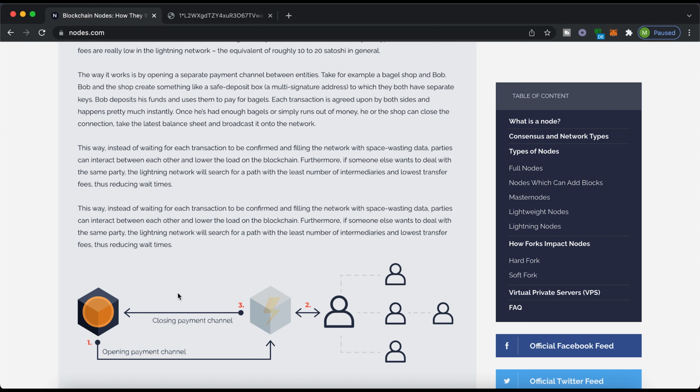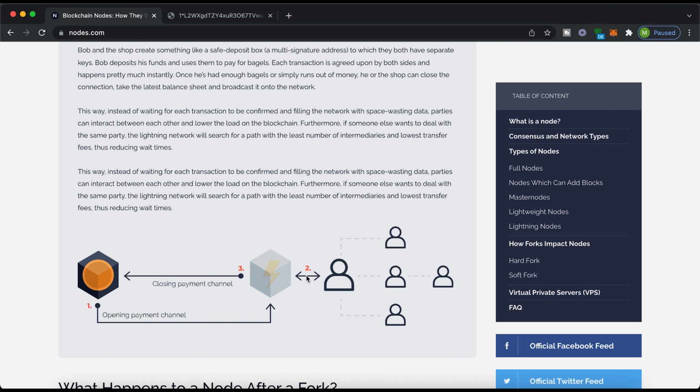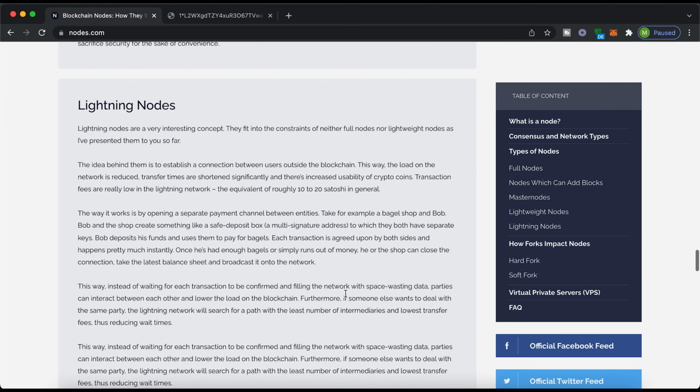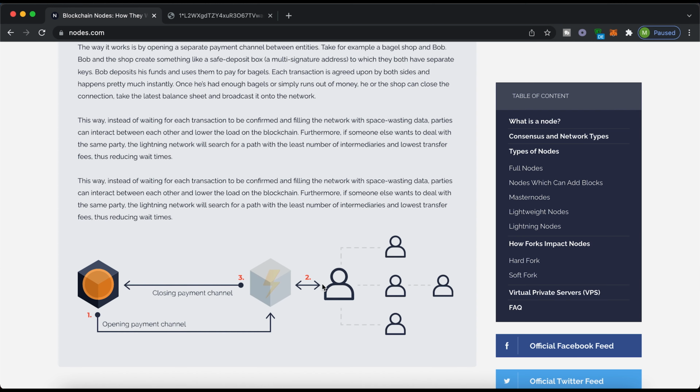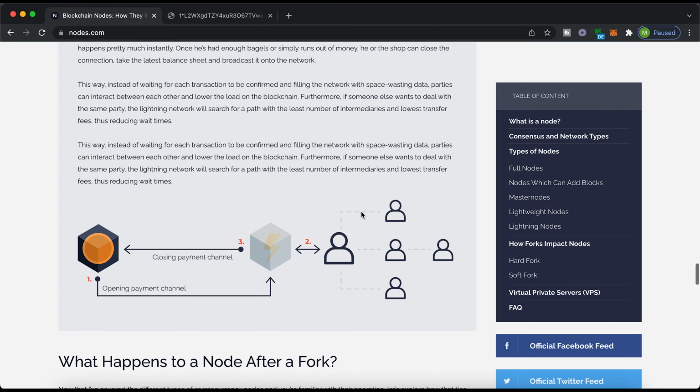This is a way to basically skip the line. So if you want faster payments and less fees on a specific network, you would run Lightning nodes in order to get your payment there faster with lower transaction fees and stuff like that.